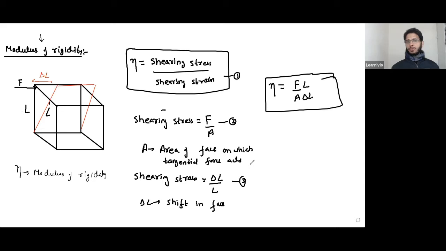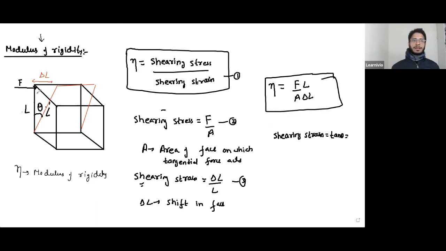There's one more way to define this shearing strain, and that is, see, this side gets shifted by an angle theta. This theta is also a measure of shearing strain. You can also write that shearing strain is tan theta.